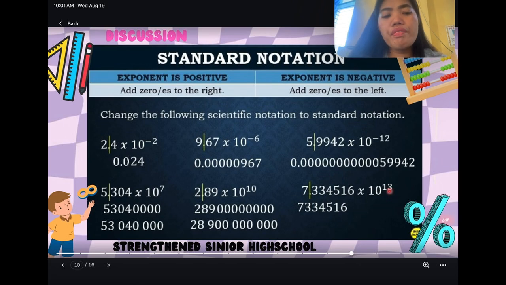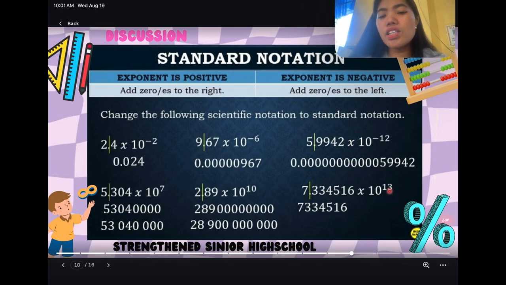So you have 53,040,000. Next, 2.89 times 10 raised to the power of 10. You have 2.89, there are already 2 digits after the decimal, so we will add 8 more zeros to the right. That becomes 28,900,000,000.